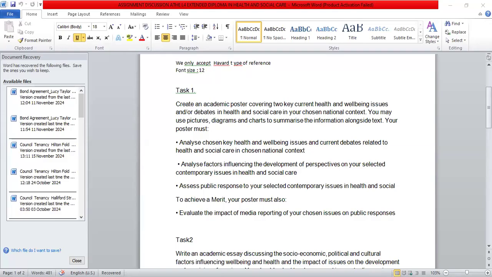And then the merit, if you want to achieve a merit on this grade, the question is to evaluate. In evaluation, you should be able to evaluate the impact that reporting by the media has on the public response to the issues. Having identified the public response, we also have to evaluate the impact, whether social media or print media.